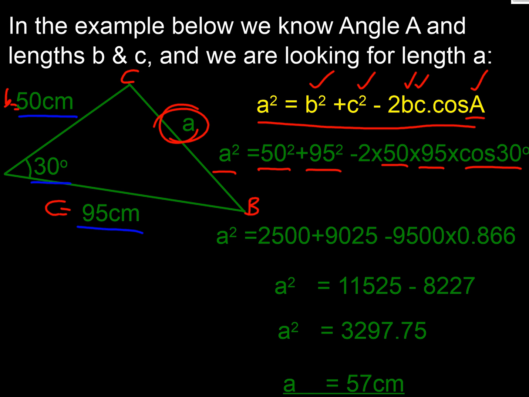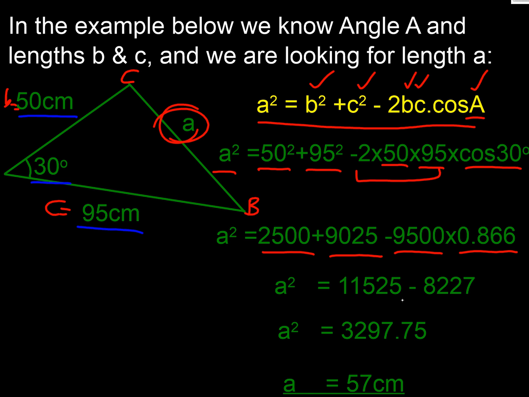I'm going to do it in steps here. So 50 squared is 2,500, 95 squared is 9,025, and this big multiple at the front here, 2 times 50 times 95, is 9,500, and the cos is 0.86.